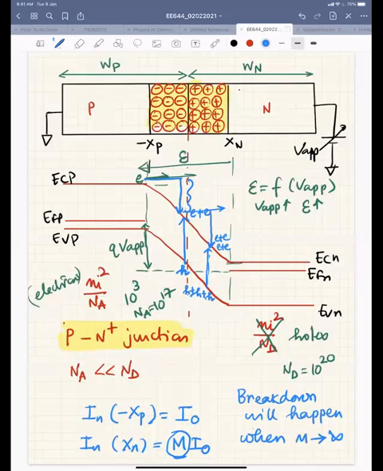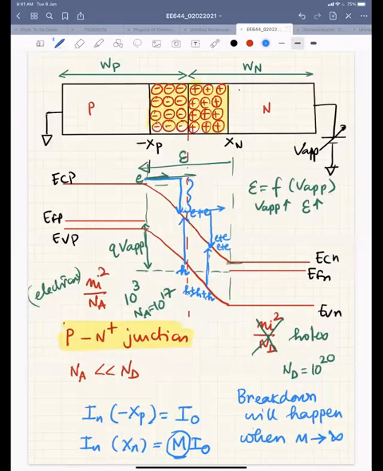It means at some point your M is so high that your reverse saturation current is very large, and your junction will break. I mean, the junction will be destroyed, and that is called the breakdown voltage.